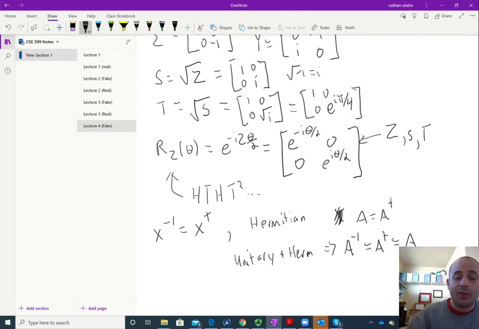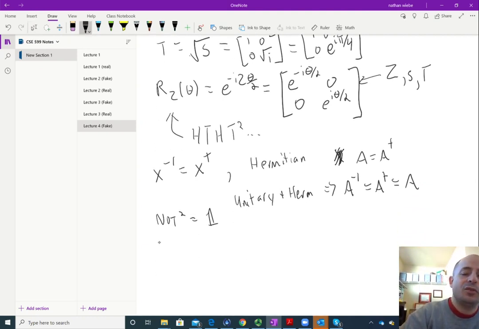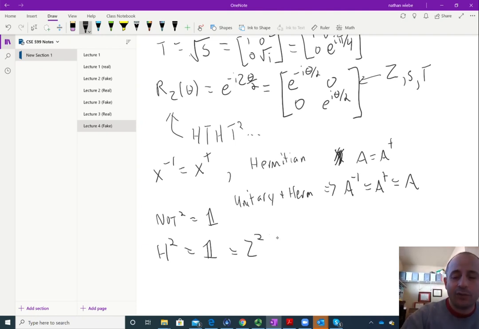An example that you know is the NOT gate squared is equal to identity. If you go through and do the algebra, it's also easy to see that the Hadamard gate squared equals identity, and Pauli Z squared equals identity, and Pauli Y squared equals identity.